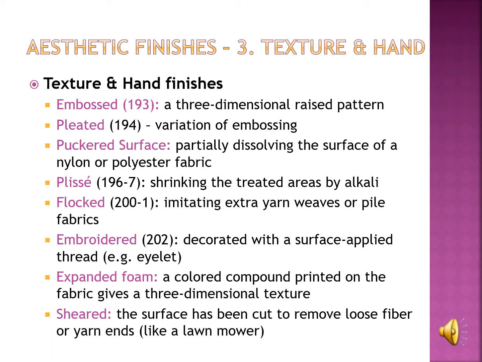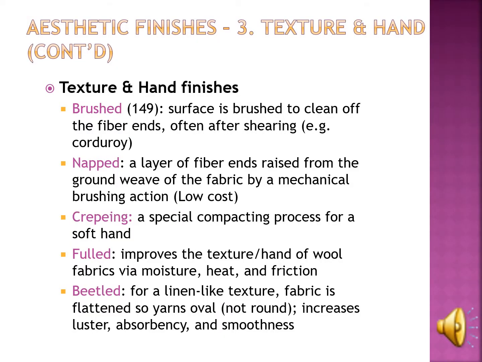And again, there are some that are done for a specific use, so the cost makes sense in those scenarios, but these are the different ways that the texture and hand of fabrics can be manipulated and or improved. At this point, you're probably thinking that there are a ton of different types of finishes, and yes, there definitely are.